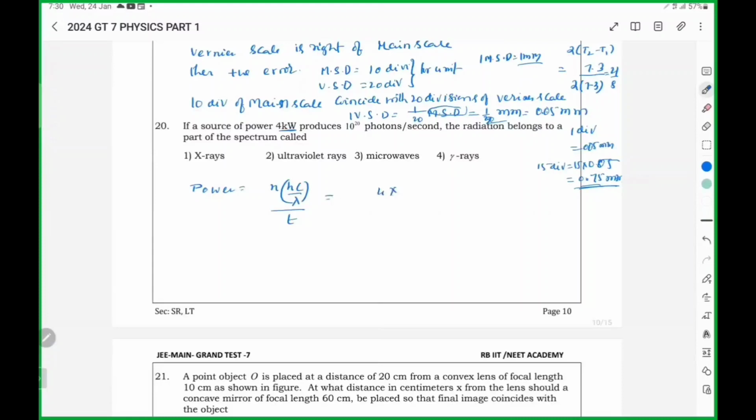Here he has given 4 into 10 cube, kilowatts. So N here is 10 power 20 per second. Time I will take.